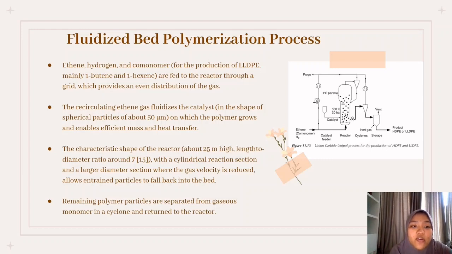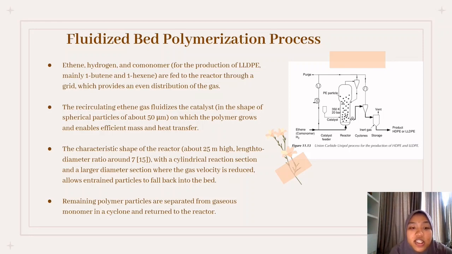A wide variety of heterogeneous catalysts can be used. Ethene, hydrogen, and comonomer for the production of LLDPE, mainly 1-butene and 1-hexene, are fed to the reactor through a grid which provides an even distribution of the gas. The recirculating ethene gas fluidizes the catalyst in the shape of spherical particles of about 50 micrometer, on which the polymer grows and enables efficient mass and heat transfer.